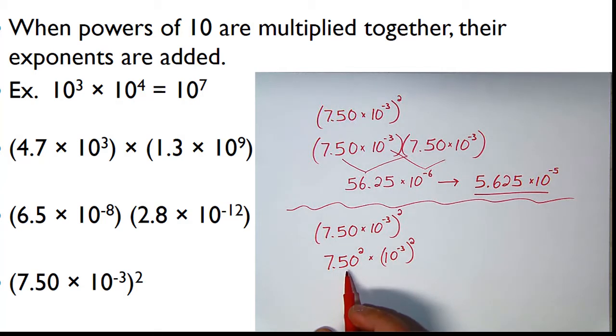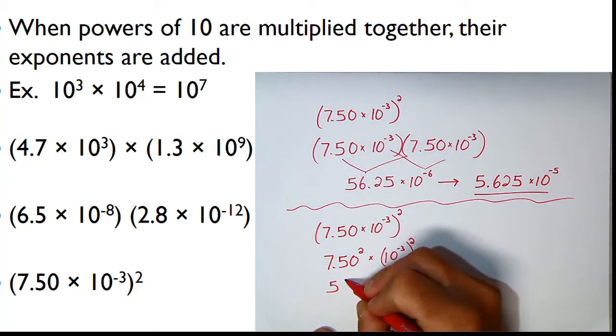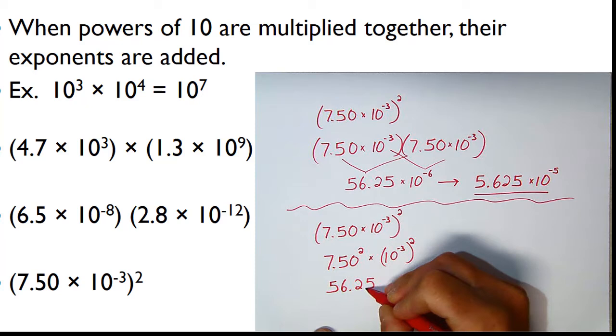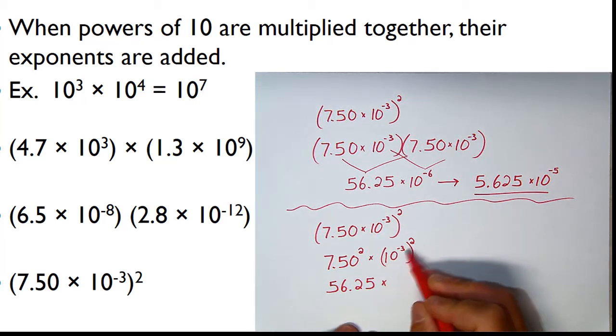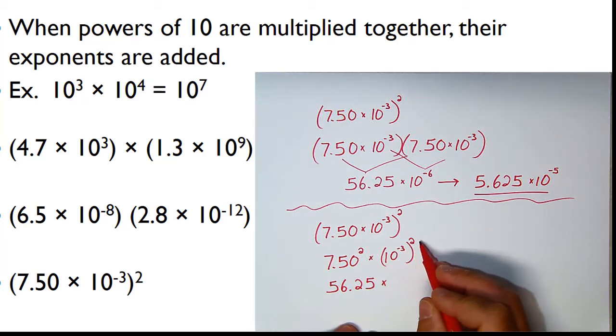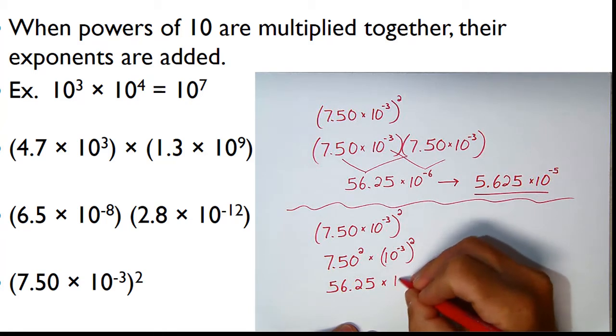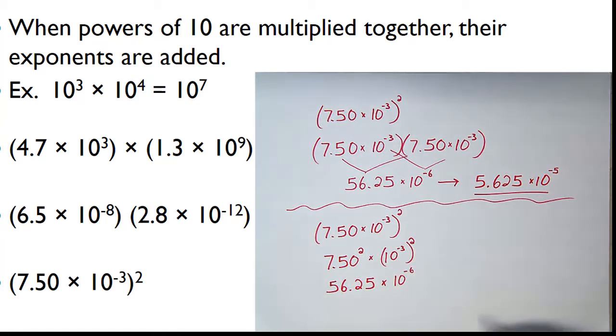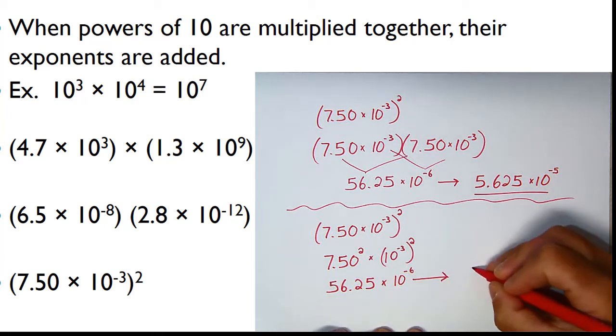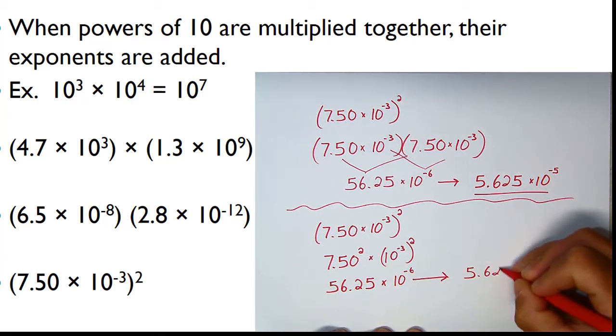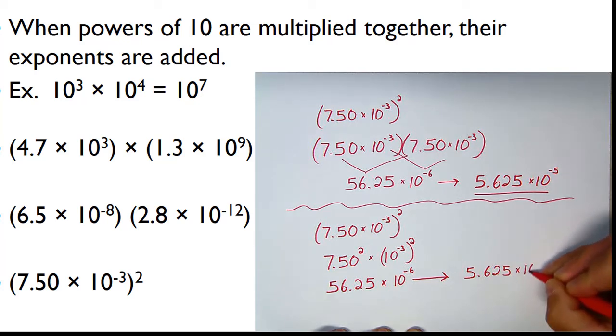Now we know that 7.50 squared is 56.25. And when we have a power to a power like we have here, 10 to the -3rd squared, we multiply those exponents and we get 10 to the -6th. Now, of course, that has to undergo the exact same adjustment we did a minute ago, and again we would get 5.625 times 10 to the negative fifth, and we're done.